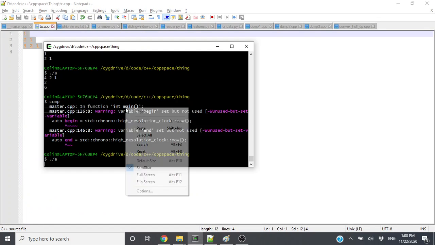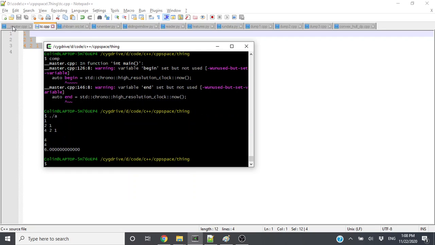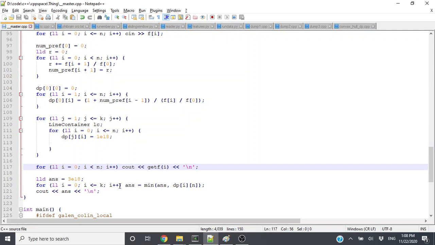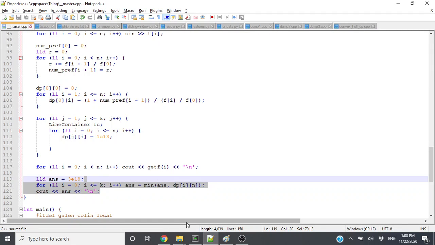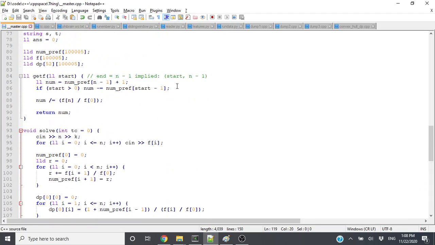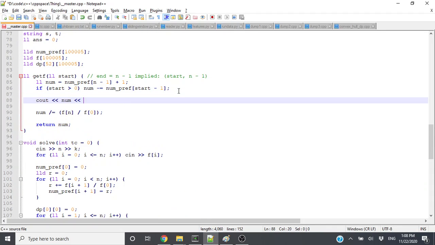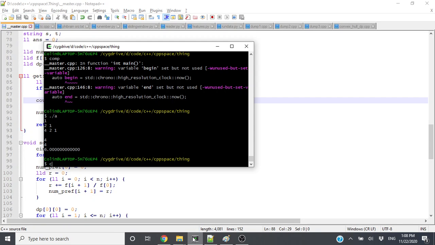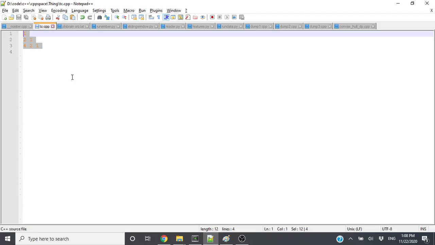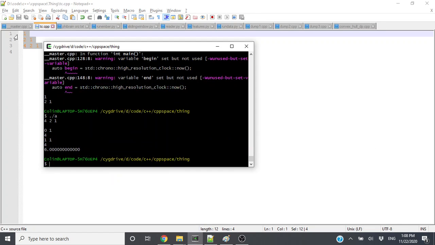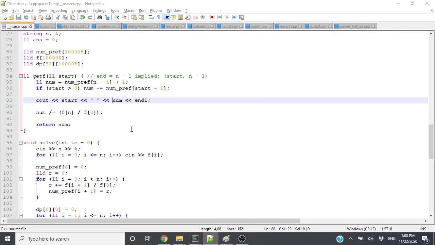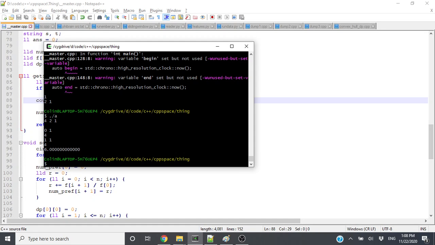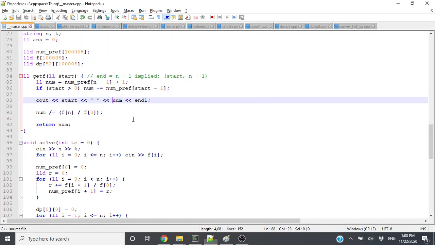Should be 2 and 6, right? 4 and 6. Or 6 and 2, actually. Wait, it's getting 4 and 4. Zero and 1. The numerator is 1. How is the numerator 1?